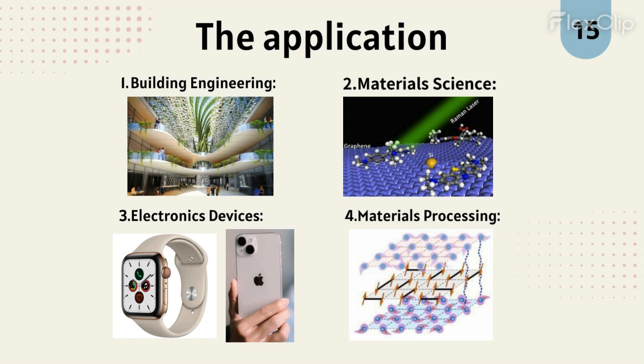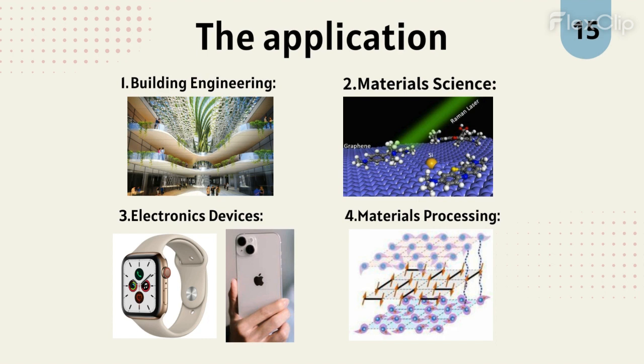And two is materials science. Understanding the thermal properties of materials helps in developing new alloys and composites with desired heat conduction characteristics. And three is electronic devices.